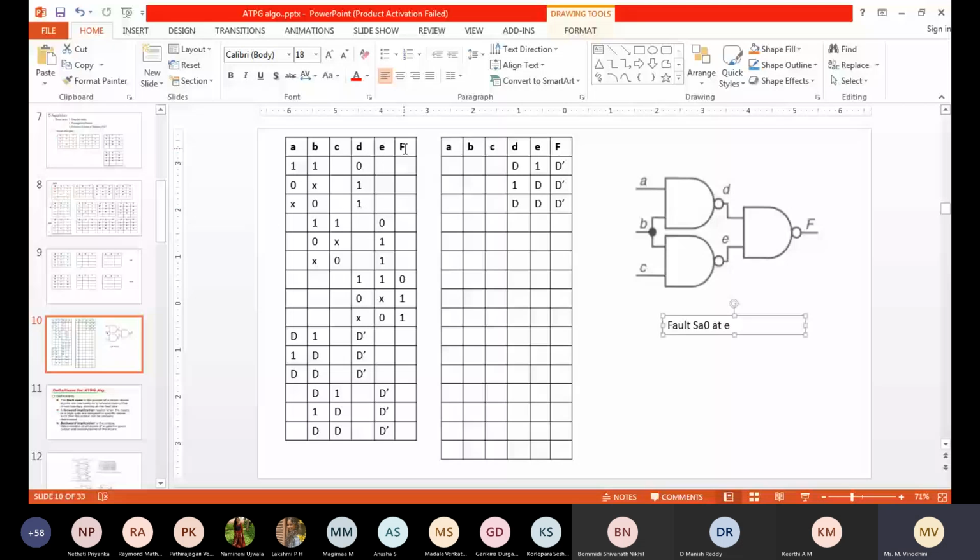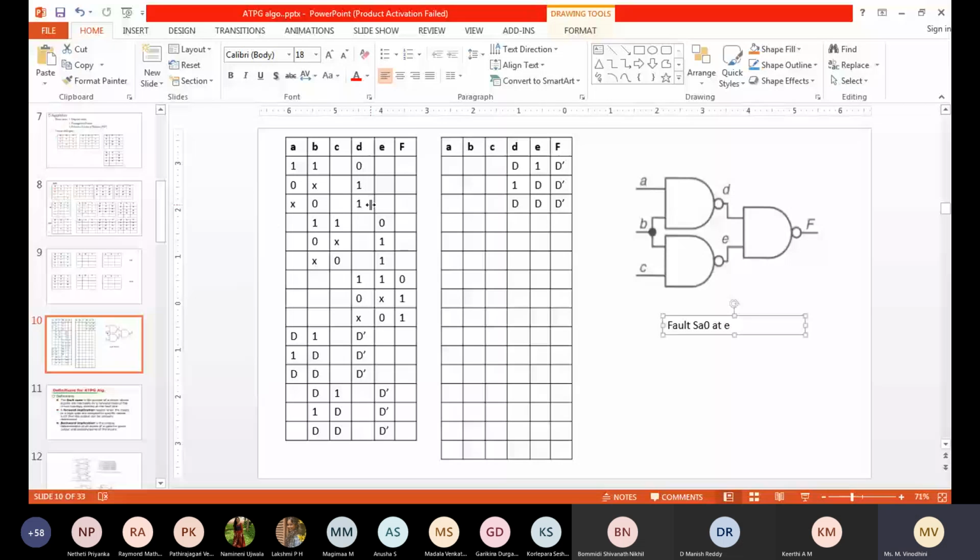Okay. Now, consider this as the first gate: A, B input, D output. This is a NAND gate. So in this table, A, B input, D output. In those columns alone, first you enter the singular cover of the NAND gate. You already know the singular cover of a NAND gate, correct?